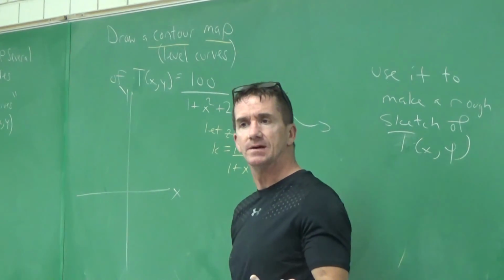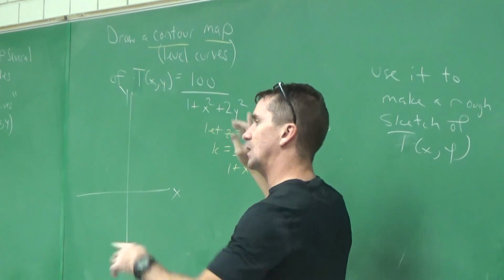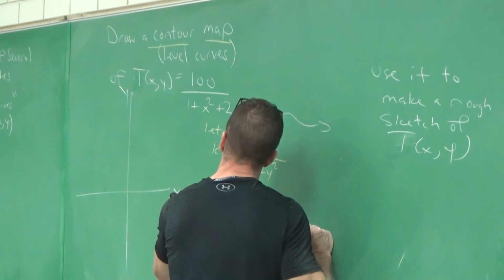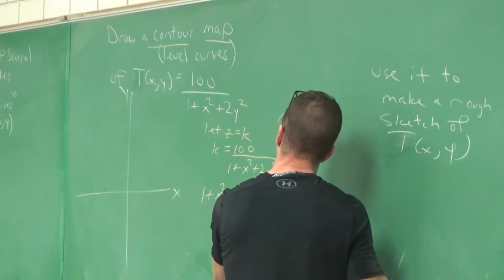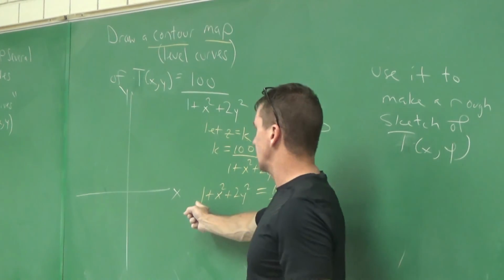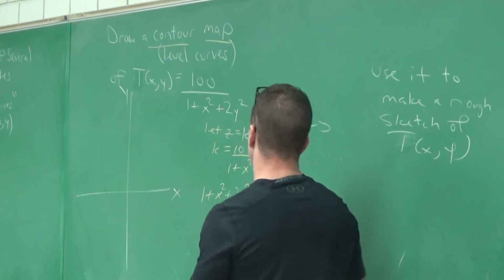It looks complicated to me. But can you rearrange this? Can I multiply 1 plus x squared plus 2y squared on both sides? They would look good. So I get 1 plus x squared plus 2y squared multiplied on this side, divide by k, I get 100 over k. That looks a little better. I don't want that 1 over here. I like to have my x squareds and y squareds on one side. So how do I get that 1 over here?